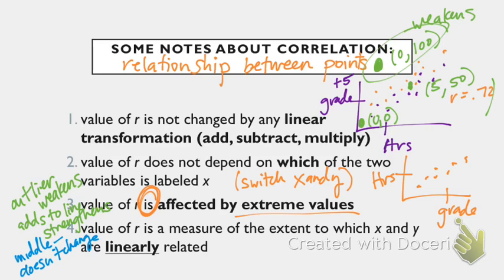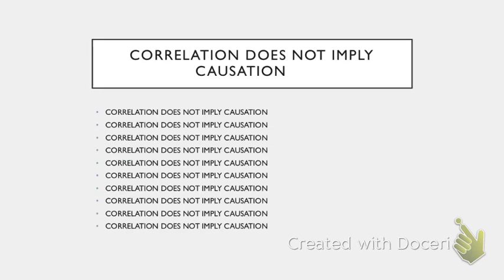And the last thing, which we already touched on, is that R is the measure of X and Y being linearly related, so not curved. Even if they're related, they're not linearly related.